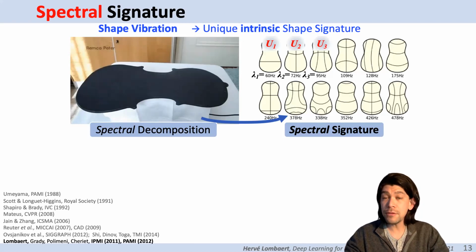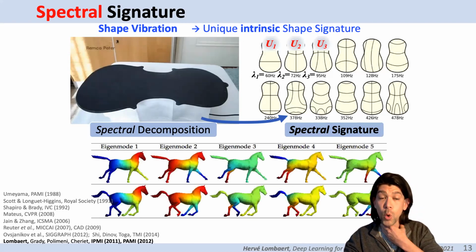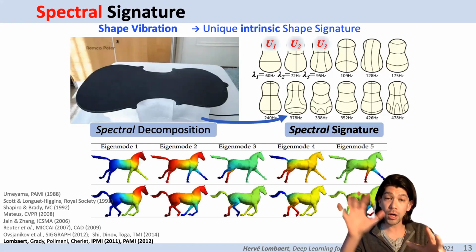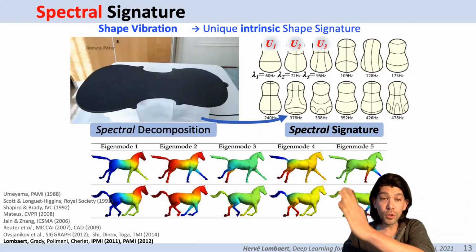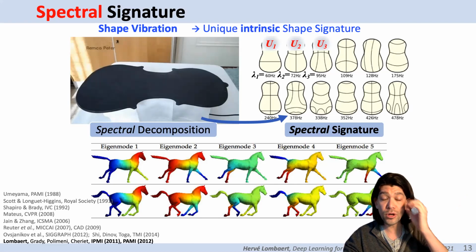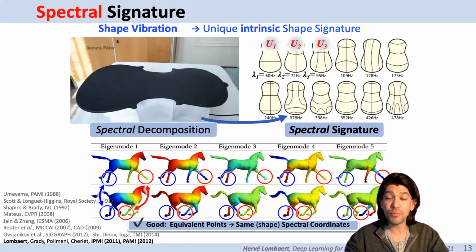When you think about this, anything can vibrate, including regular meshes. Why not? For example, this horse. The colors show the amplitudes, how much the mesh would vibrate at different frequencies, from low to higher frequencies, higher harmonics. What is interesting is that if you look closely at equivalent points, the vibration amplitudes are the same.